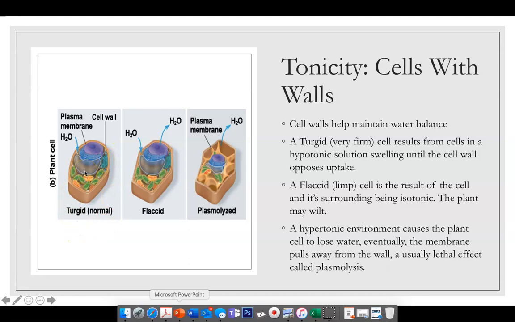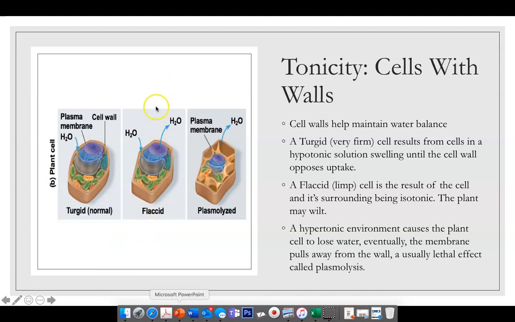You can overcome the ability of the cell wall to resist the amount of turgor pressure, but it's hard to do. So yes, you can overwater a plant cell, but it's hard to do. So the ideal situation is going to be one where it is in a hypotonic solution.